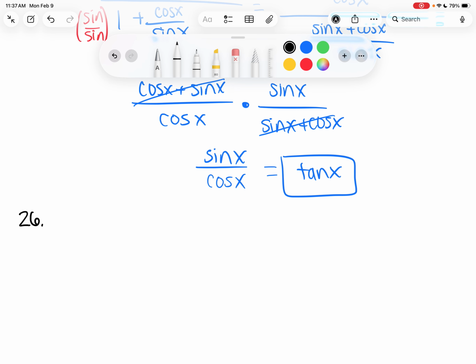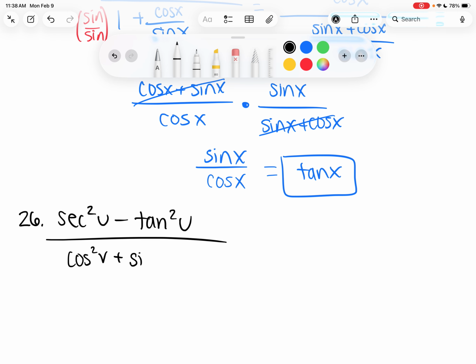26. Secant squared of u minus tangent squared of u over cosine squared of v plus sine squared of v. All right, I see squared, so where am I going with my mindset here? Pythagorean identities.